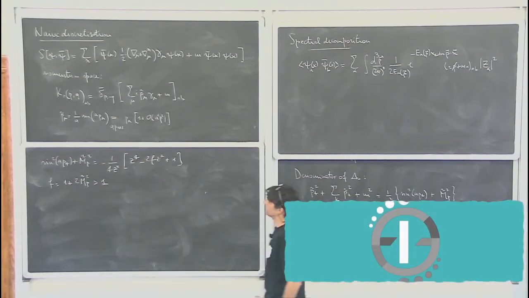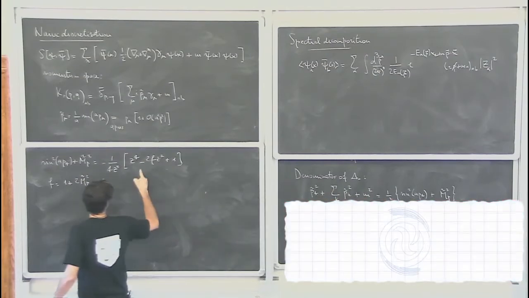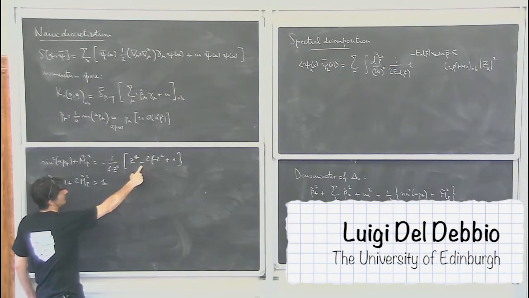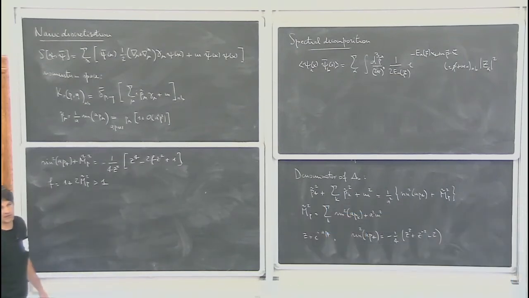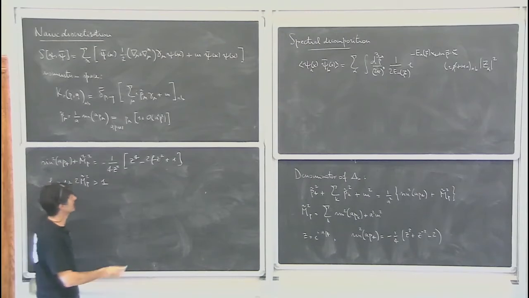So the first thing to notice here is that the denominator of the free fermion propagator is a quadratic function of z squared.